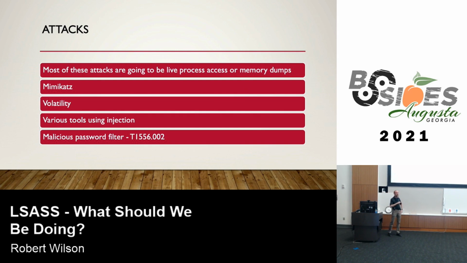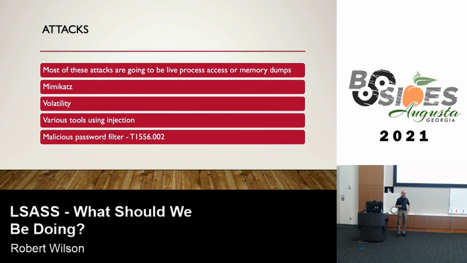People are constantly writing new iterations of tools to do these attacks to get around signature-based and behavioral-based detections. There's a lot of them that are written in .NET right now. There's some PowerShell stuff that you can do in order to dump it.